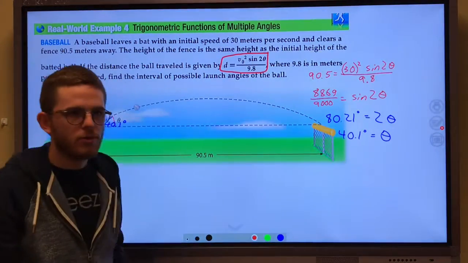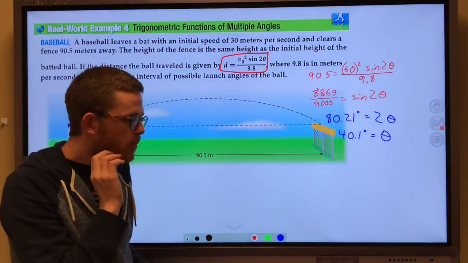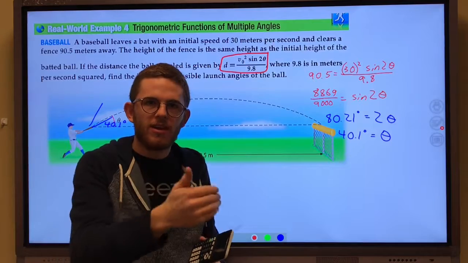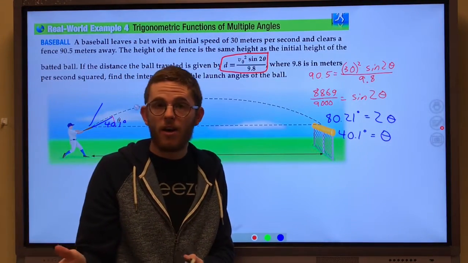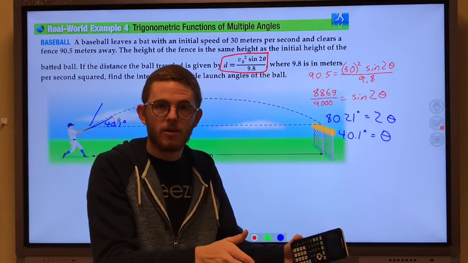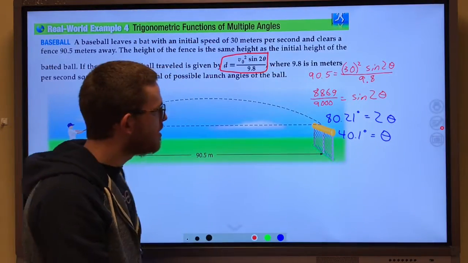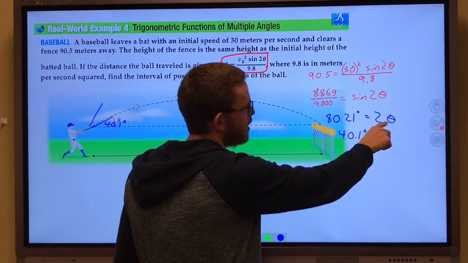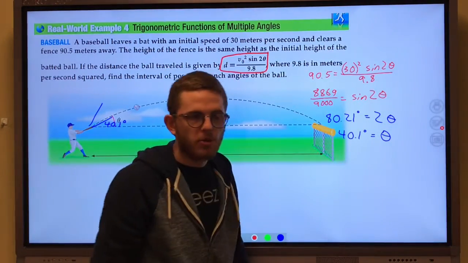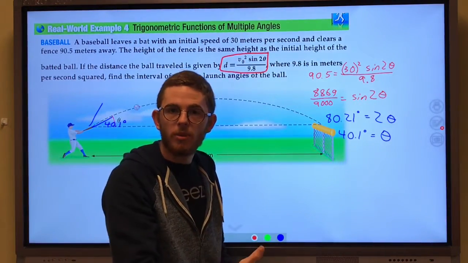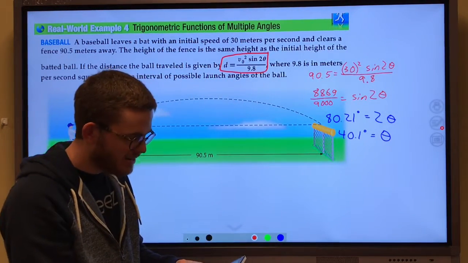And remember back to when we were dealing with side angle and things like that, we really started to discover that the sine of a value and the sine of that value's supplement are actually the same output. Well, in this case, because we are multiplying by 2 times theta, we would have to divide both sides by 2. It's not going to be the supplement, it's going to be the complement. So we want to know what value adds to 40.1 to get us 90 degrees.